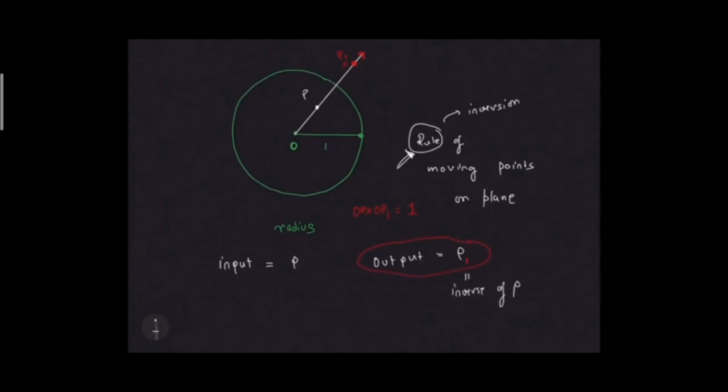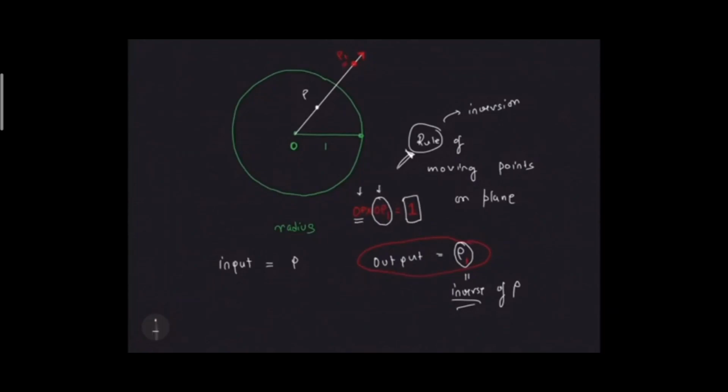Now the question is, how can we geometrically find the inverse of a point? You can understand why P1 is called the inverse: after multiplying OP with OP1, you are getting 1.